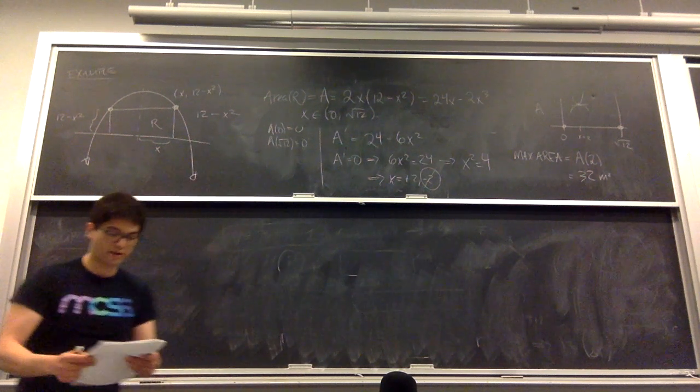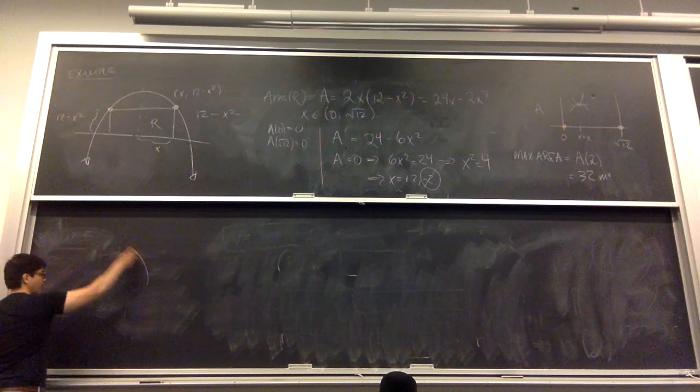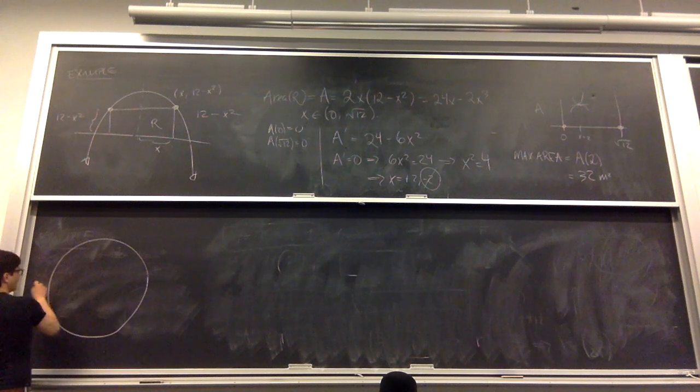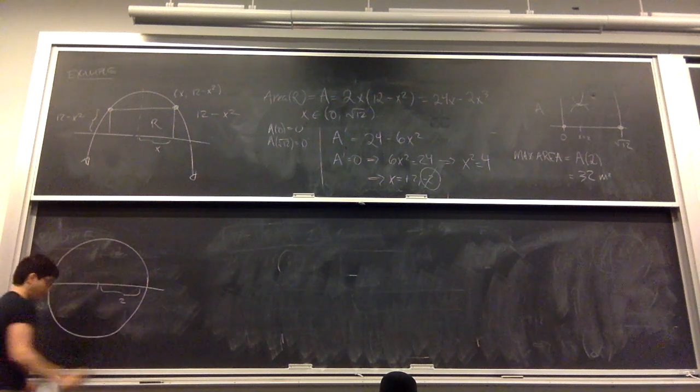Okay, we'll try another. There's some real neat property of light that I wanted to show you, but let's try this question first, because the one that I'm going to show you with light gets a little bit messy. So I'm going to give you another one, and you give it a try. I'm going to give you a circle of radius 2. The radius of this circle is 2.